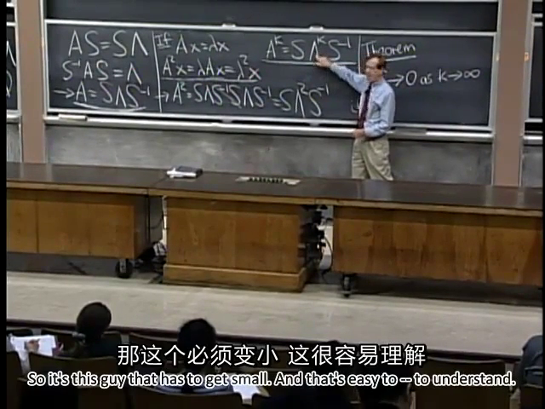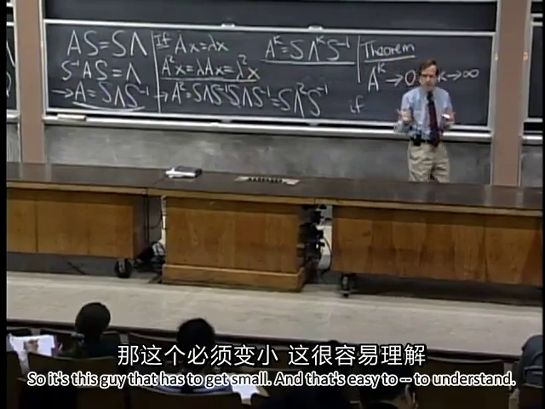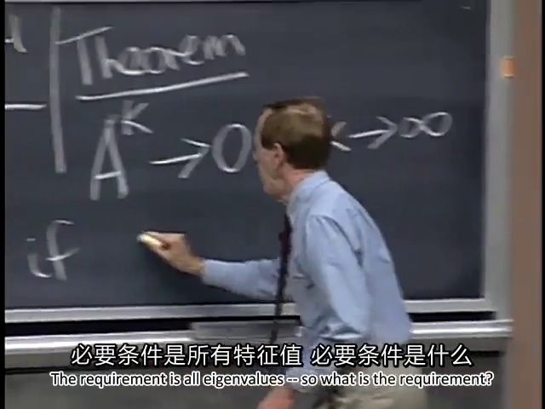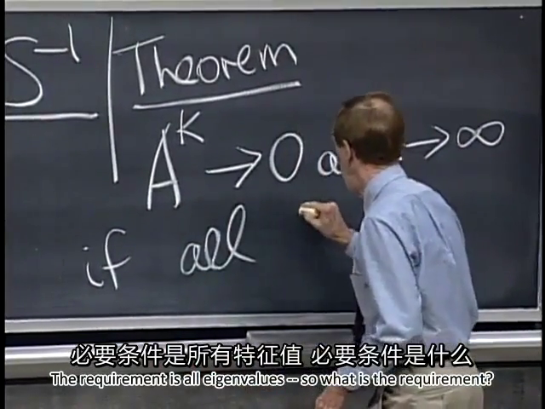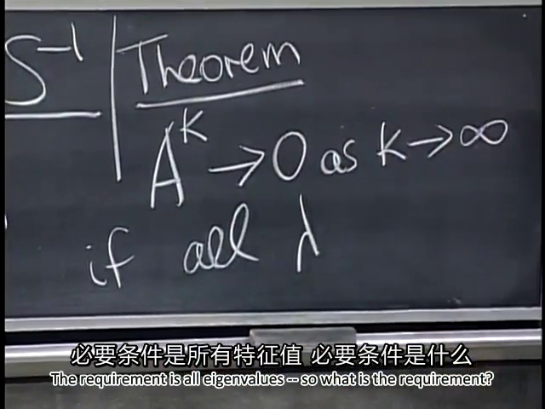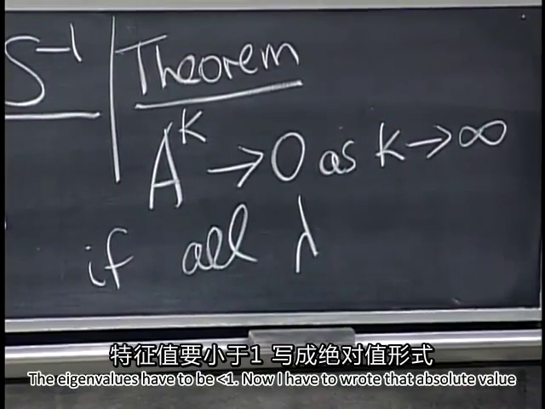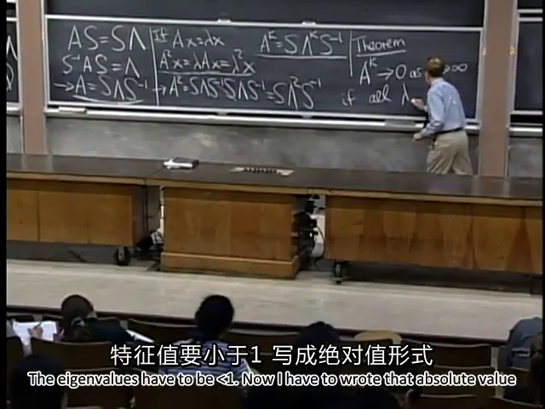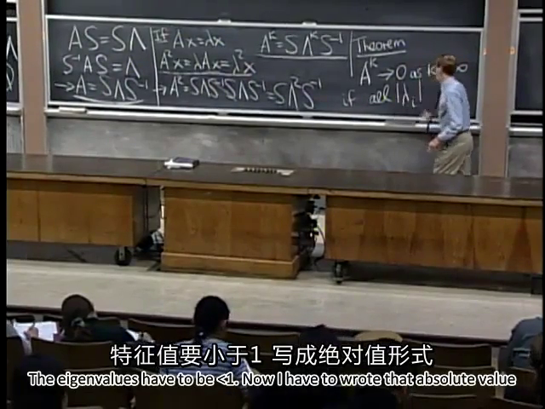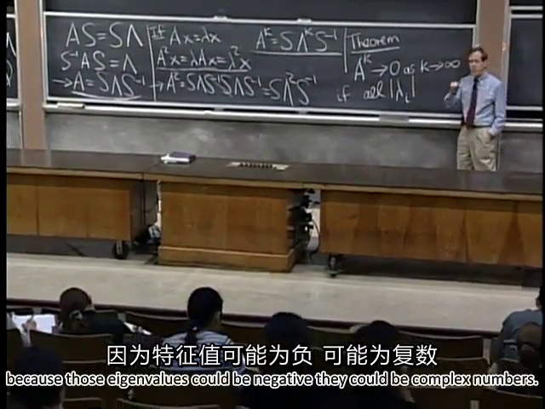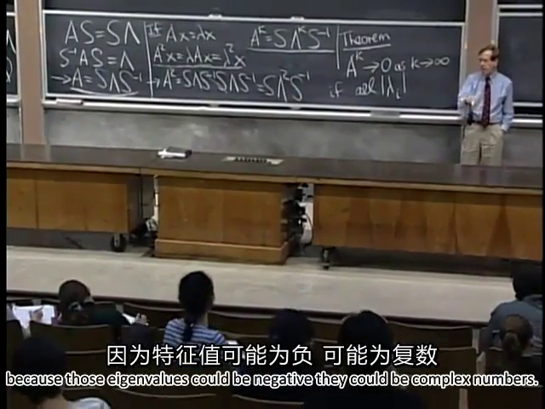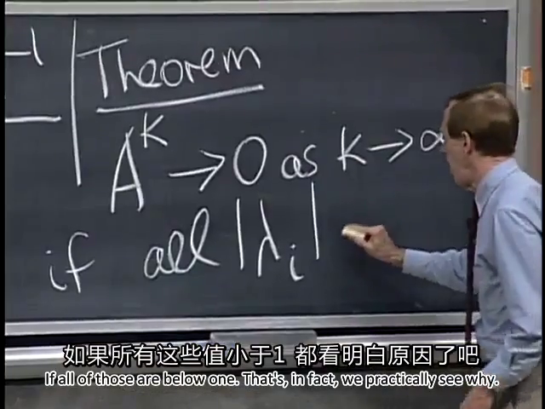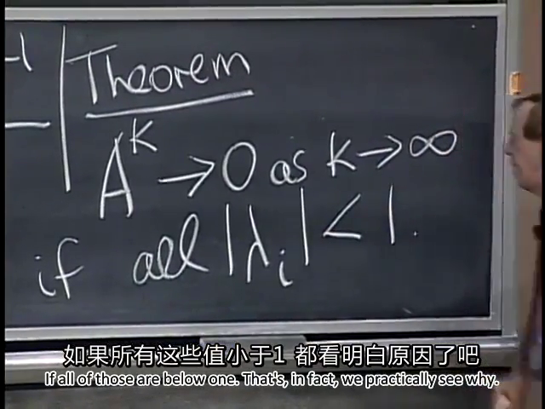So it's this guy that has to get small, and that's easy to understand. The requirement is all eigenvalues. So what is the requirement? The eigenvalues have to be less than 1. Now, I have to write that absolute value, because those eigenvalues could be negative, they could be complex numbers, so I'm taking the absolute value if all of those are below 1.